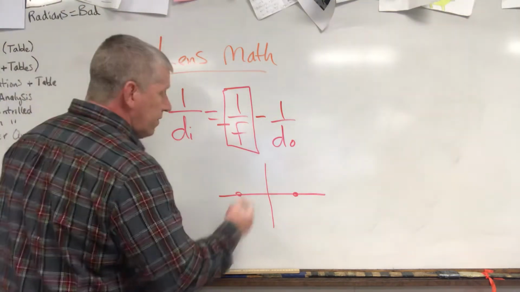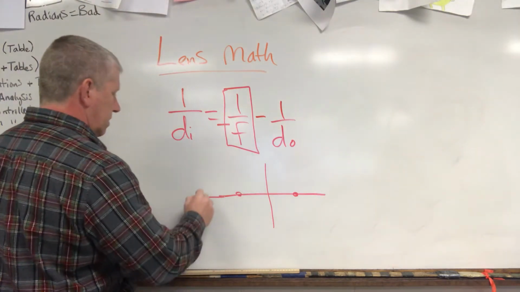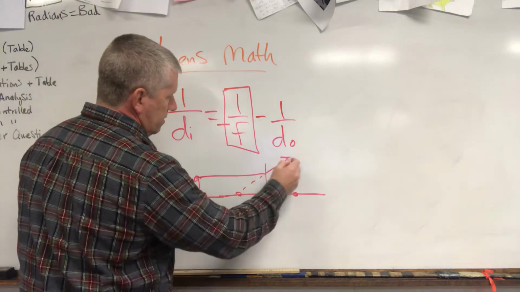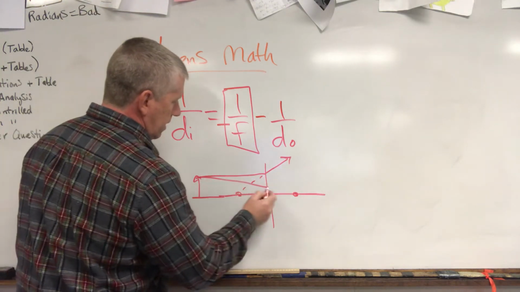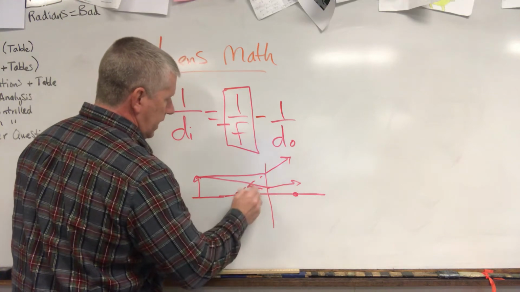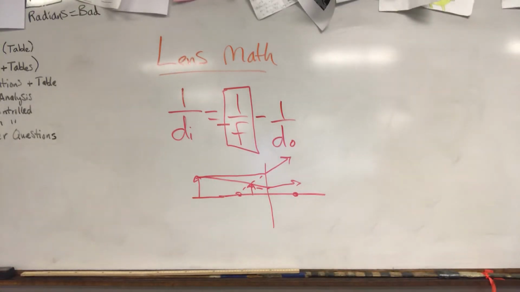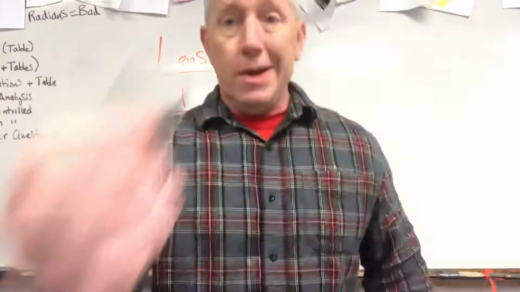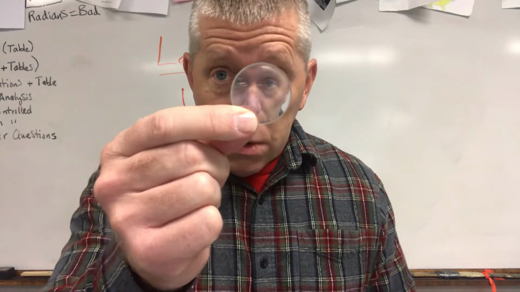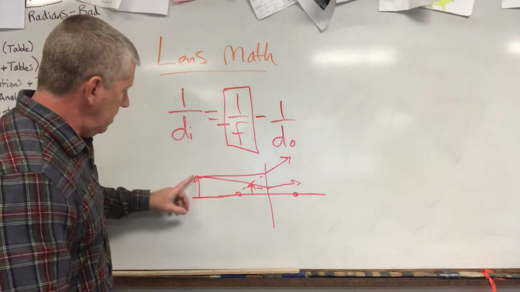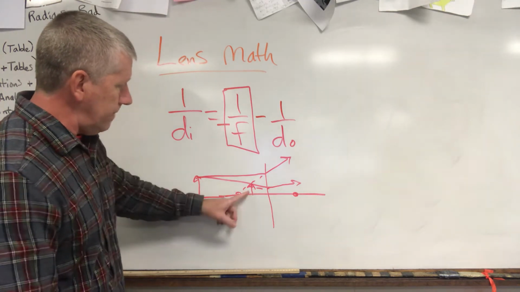And if it's a diverging lens, let's say I have an object here, and I'll go parallel toward this focus, parallel, we'll get an image here. Where's my diverging lens? Here it is. Diverging lens. It makes my head look real small. Here's my head here, and here's my head here.